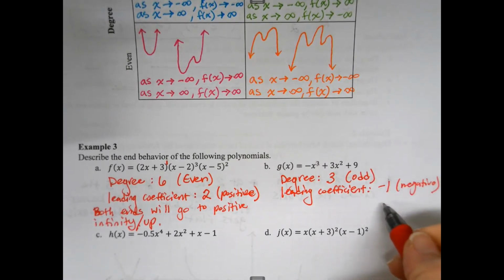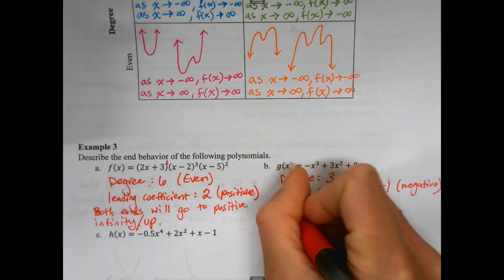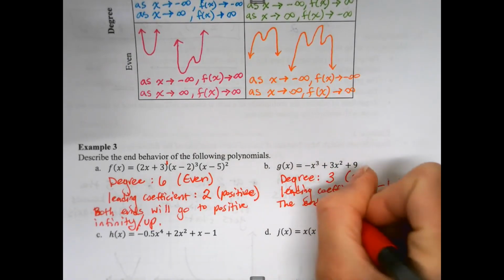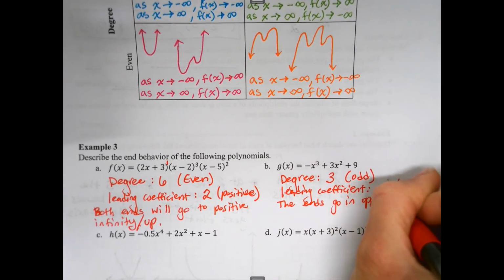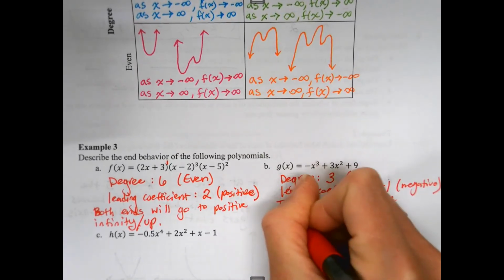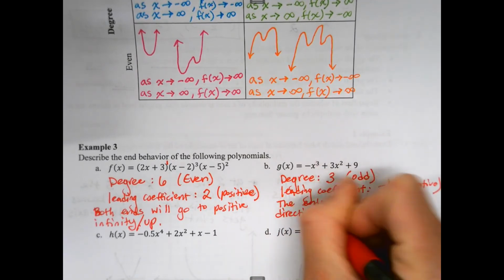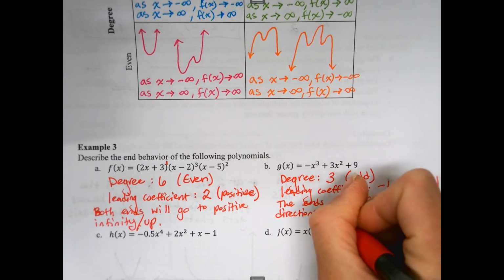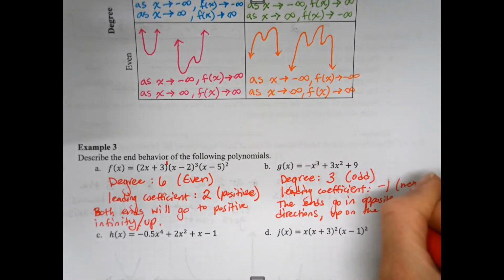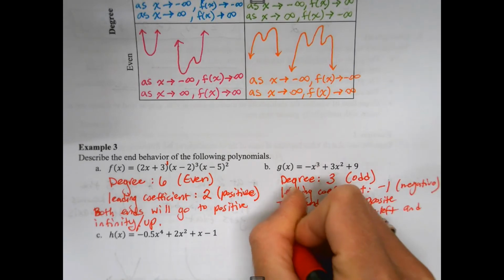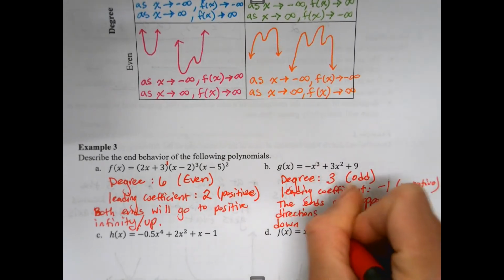And since it's negative, we are going to be going down on the right-hand side. So the ends go in opposite directions. And it goes up on the left and down on the right.